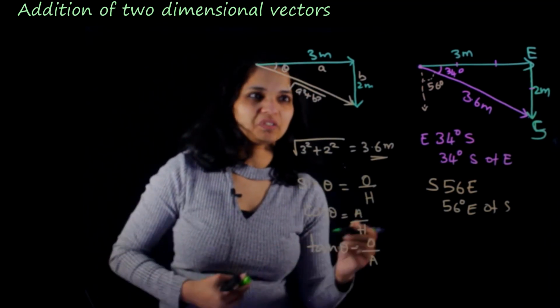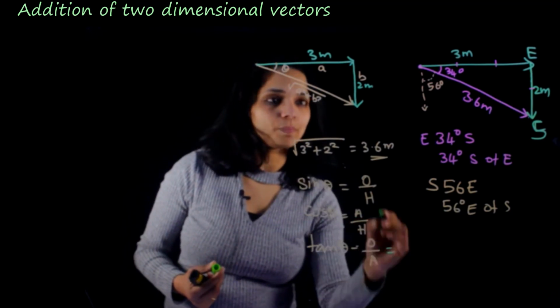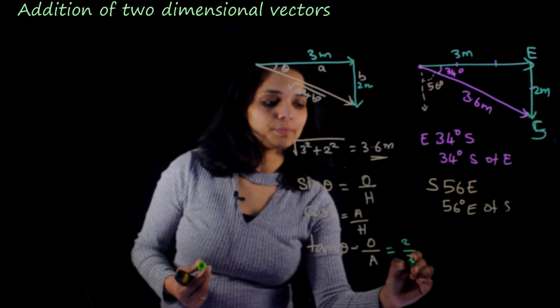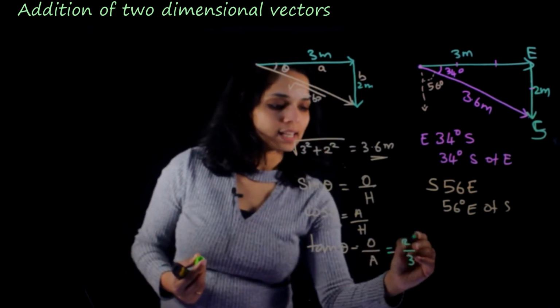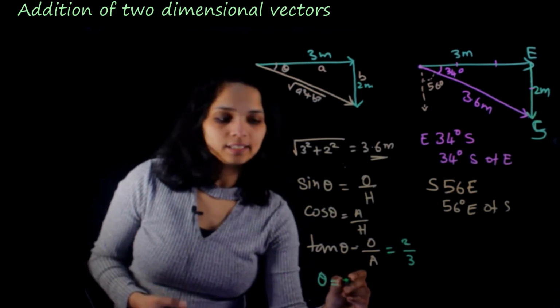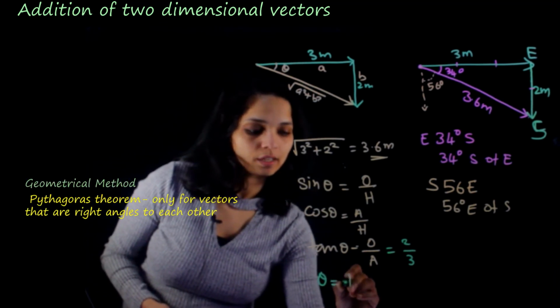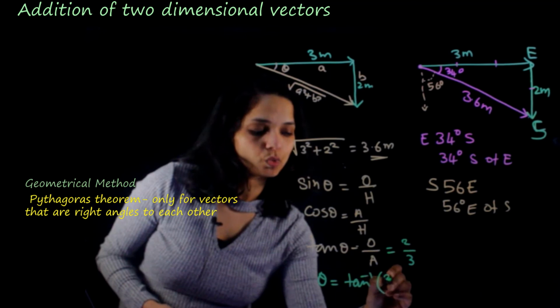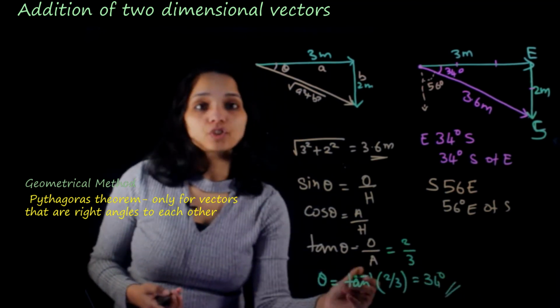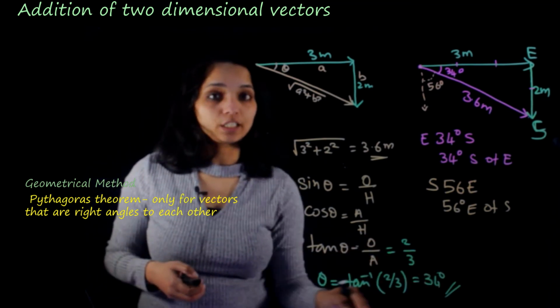It doesn't matter which one you really use. The opposite side is 2 meters and the adjacent side is 3 meters to this angle, so that's 2 over 3. And then to get theta, you find tan inverse of 2 over 3, which you will get as 34 degrees when you put that into a calculator.